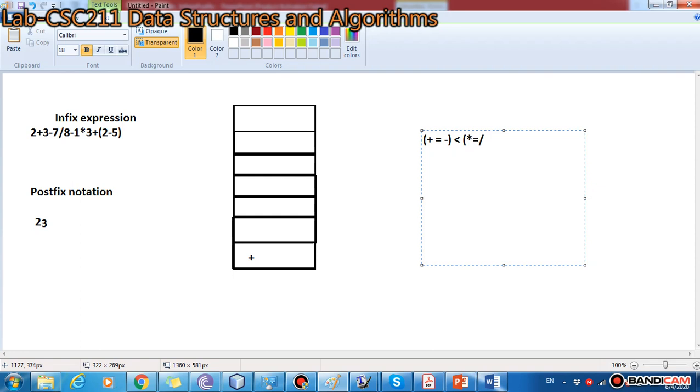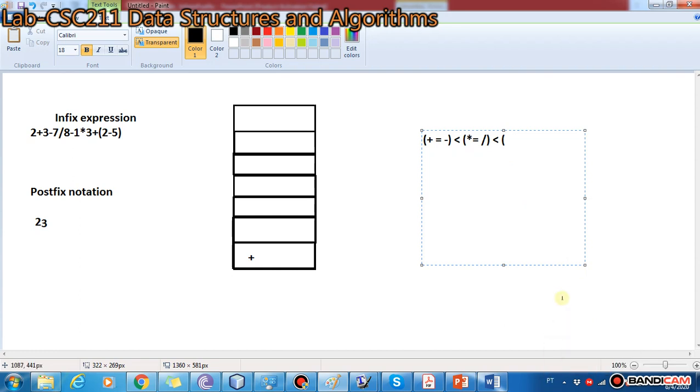Multiplication and division, this equal symbol represents that plus and minus have equal precedence, which is less than the precedence of multiplication and division, which is the same or equal, which is less than the precedence of exponentiation.